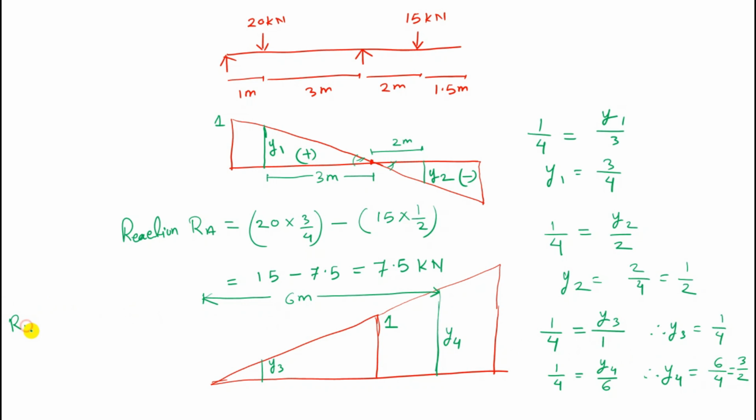So reaction RB equals 20 multiplied by 1 by 4 plus 15 multiplied by 3 by 2, that is 27.5 kilonewton.